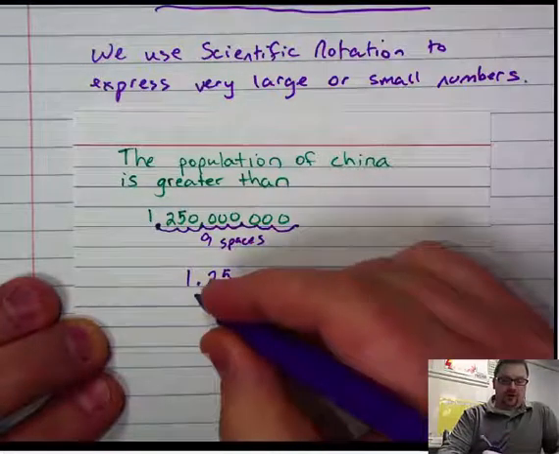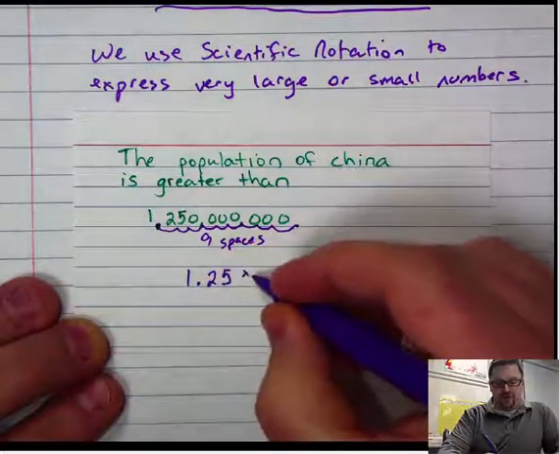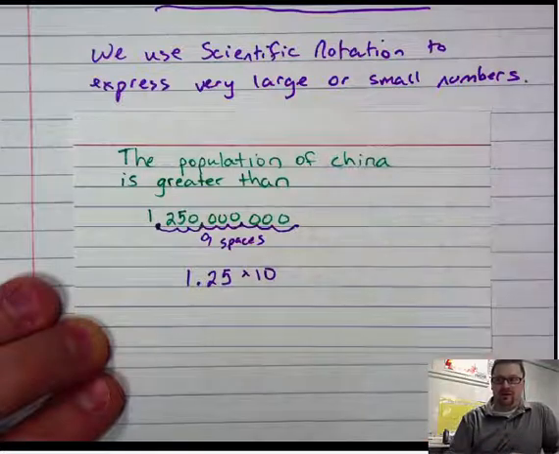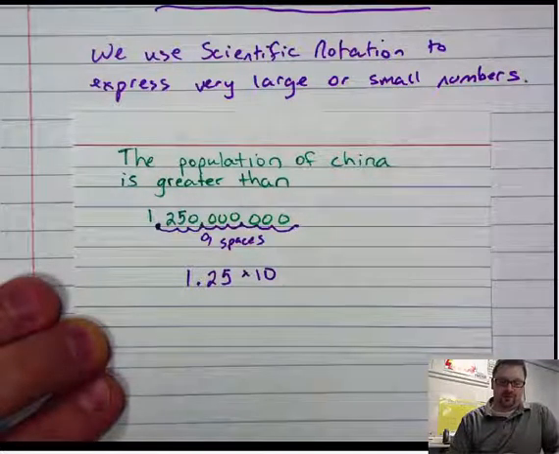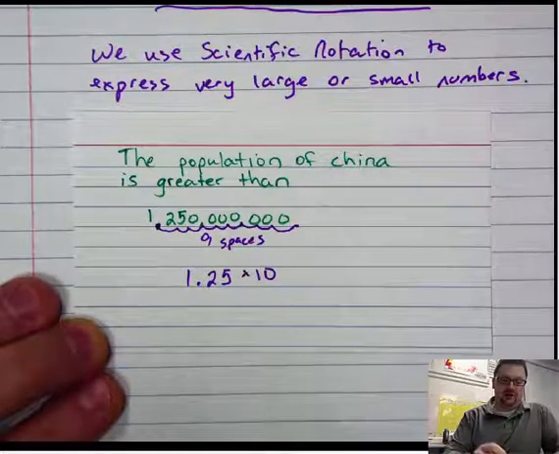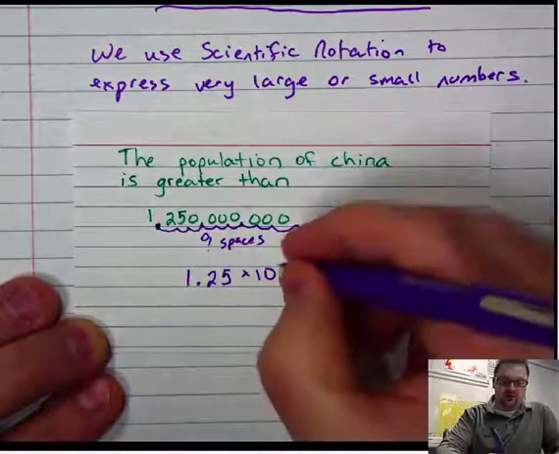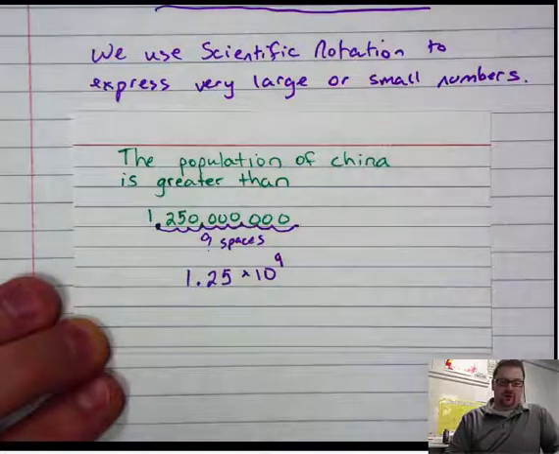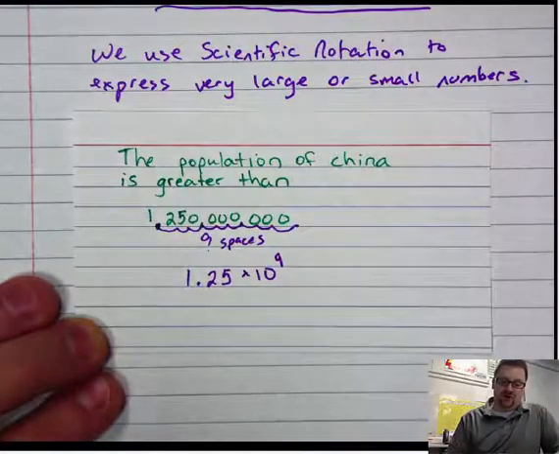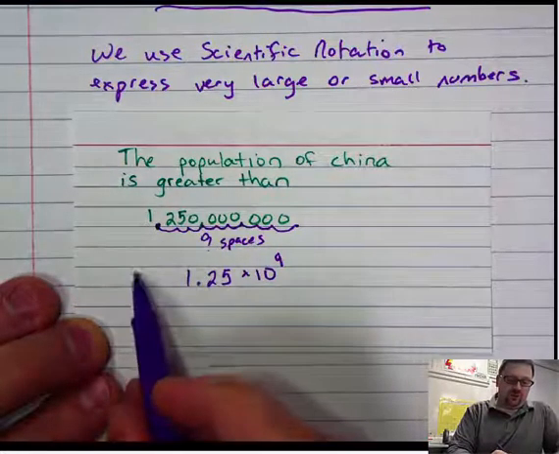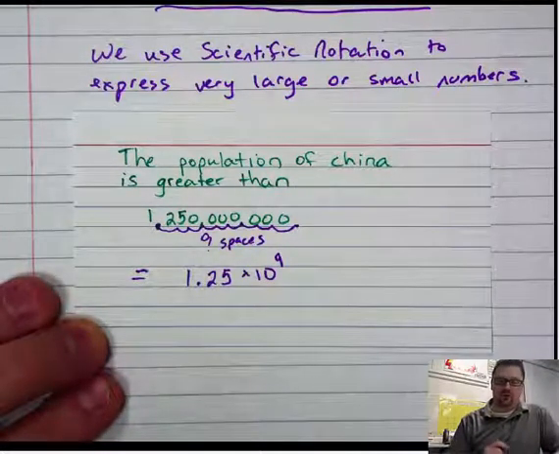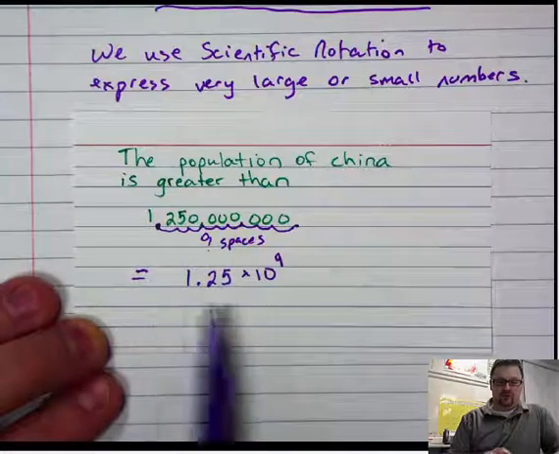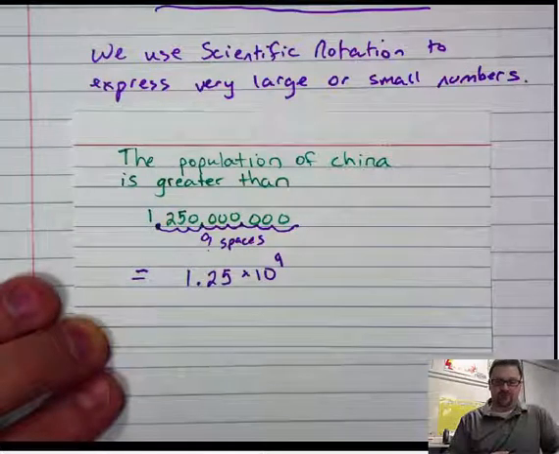So when I take 1.25 and I multiply it by 10 to a power, that's what gives me that larger number and how I can write it in different ways. In this case, what power would it be? It would be the 9, the number of spaces that we move. 1,250,000,000 is equivalent to 1.25 times 10 to the 9th power. We can write very large numbers in a more concise and manageable way.